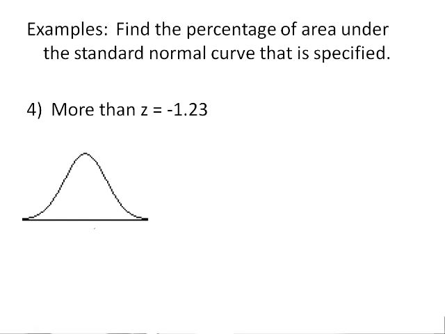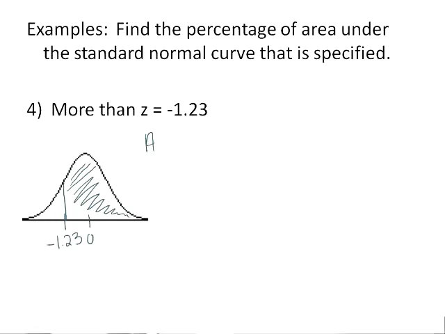Now let's look at an example where we're finding the percentage of area under the standard normal curve where it's more than negative 1.23. So 0 is in the middle, so negative 1.23 is positioned to the left of 0. And the area that I'm going to shade indicating more than that will be all of this area here.